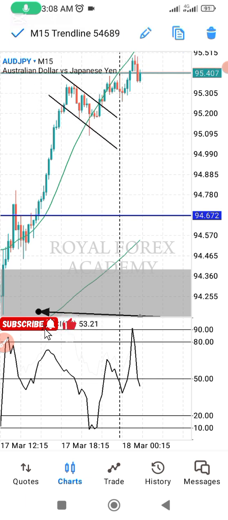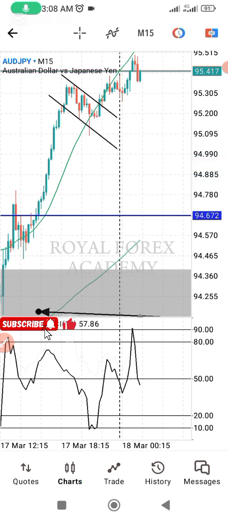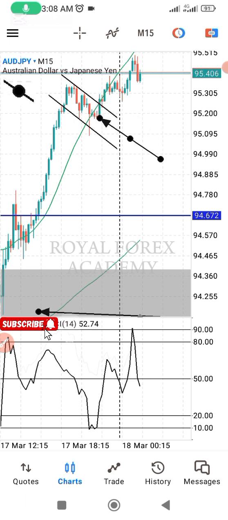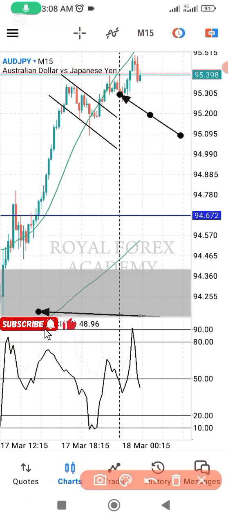So this is a bullish flag pattern. All you need to do is wait for price to break out of the pattern, and then you will make your entry. You have your CCI confirmation from this zone.